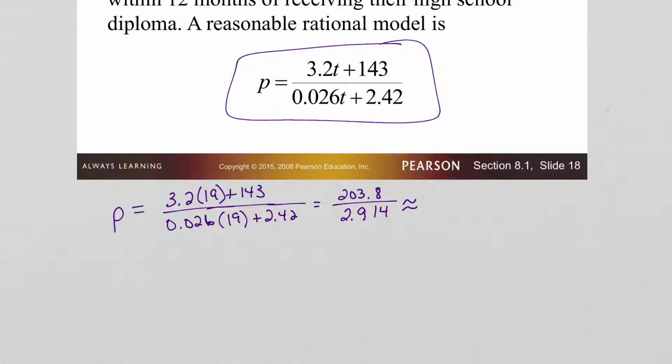And so then whenever I divide those, look what I get. 203.8 divided by 2.914, I get 69.938 or so. And so I rounded, so I used the little squiggly equal sign. So that's around 69%.